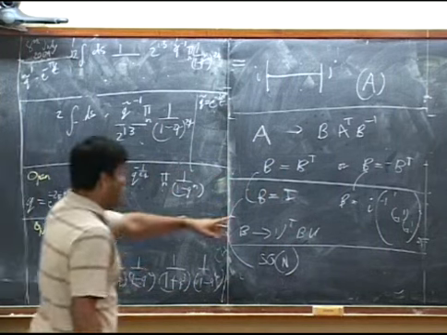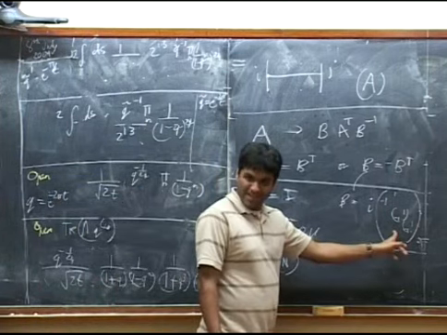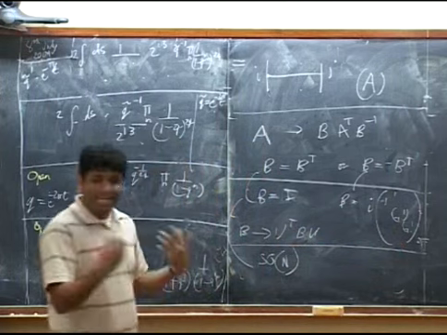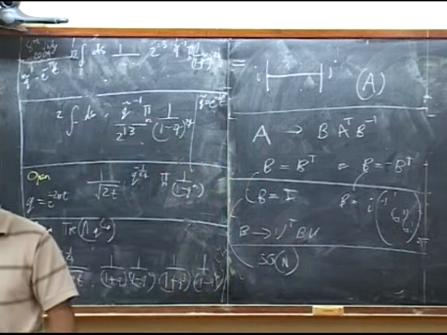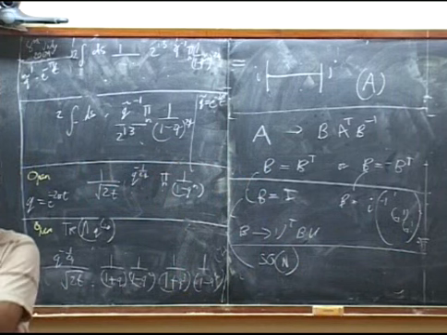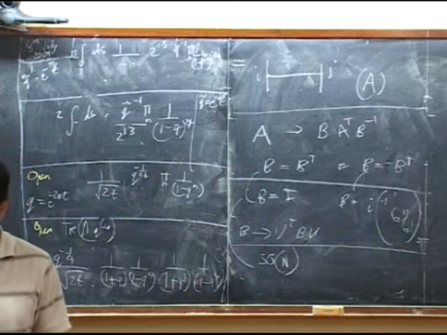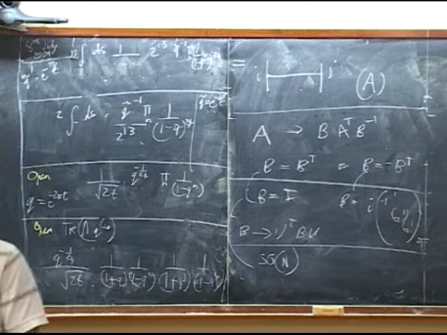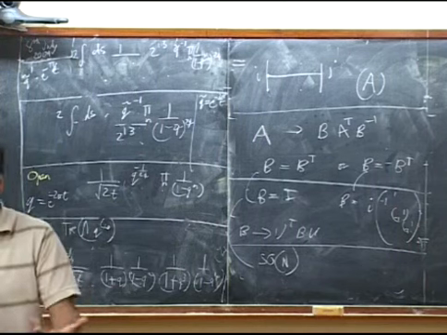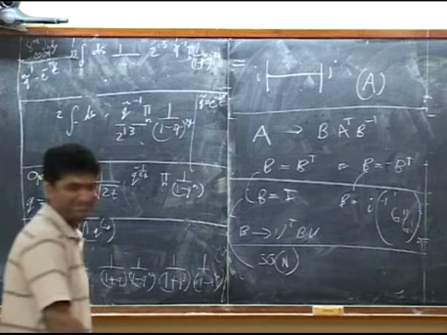On the other hand, in this case, the condition would be that B is equal to minus the symplectic matrix, B transpose, symplectic matrix inverse. This defines the Lie algebra of Sp(N).